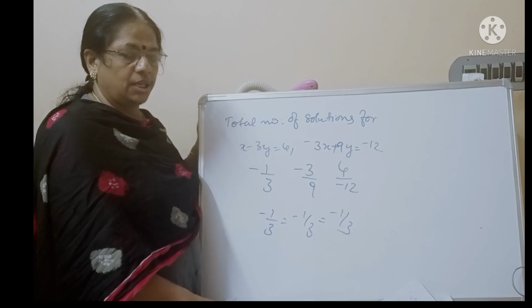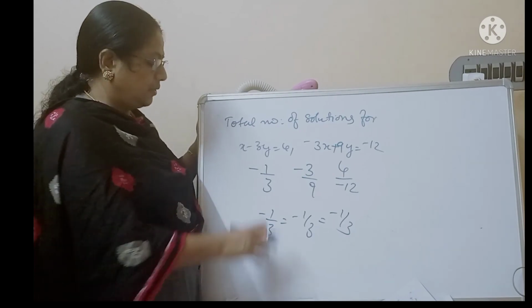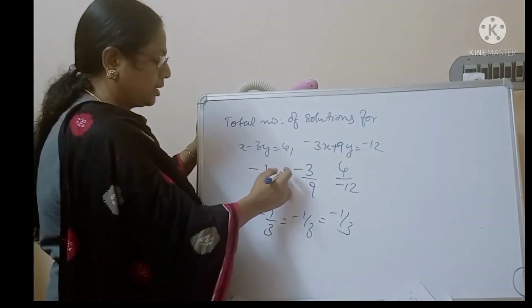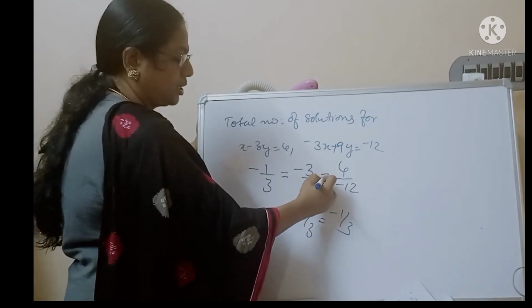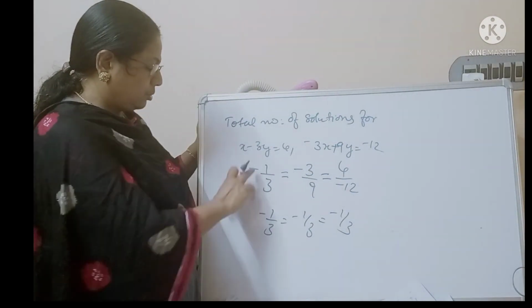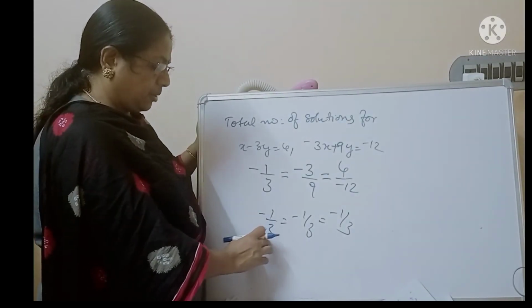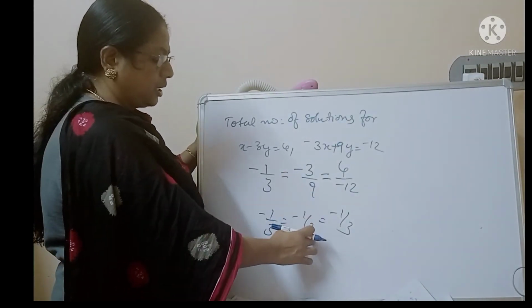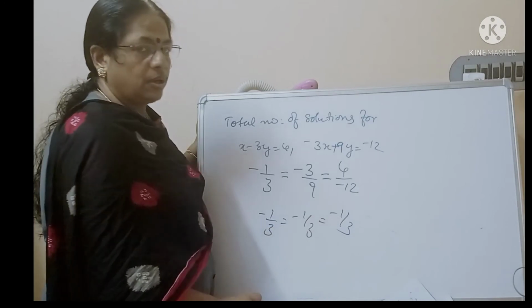After finding the ratio of the coefficients, we can see that negative 1 by 3, negative 3 by 9 and 4 by negative 12 can be written as negative 1 by 3 equal to negative 1 by 3 and negative 1 by 3.